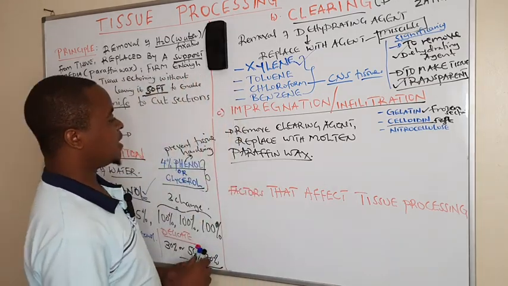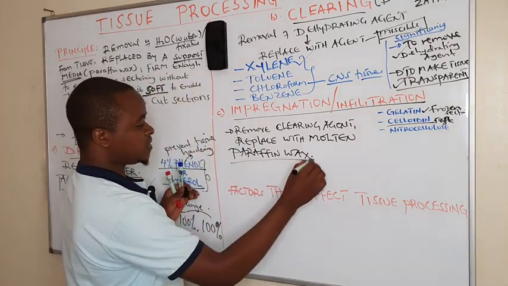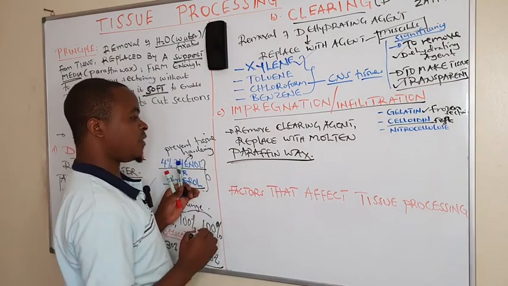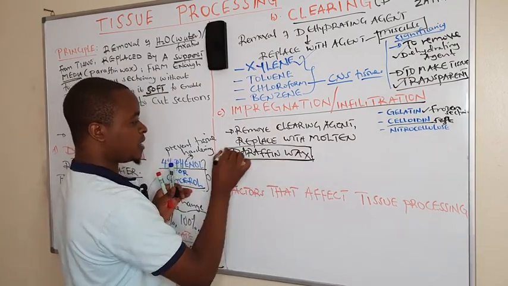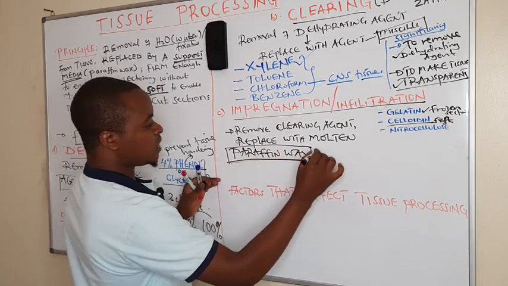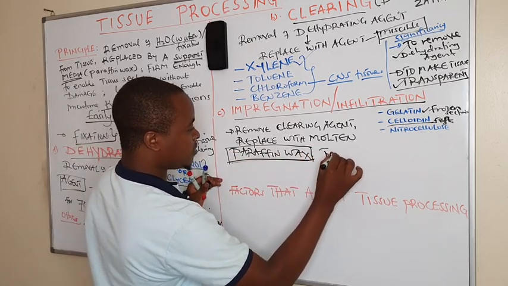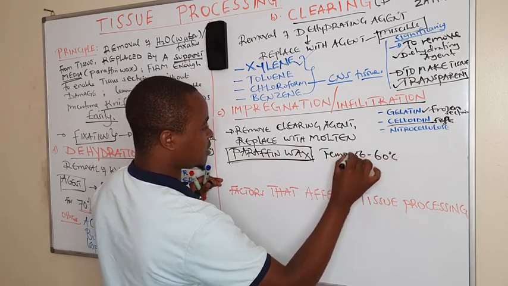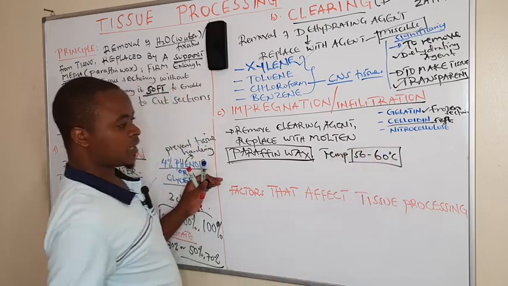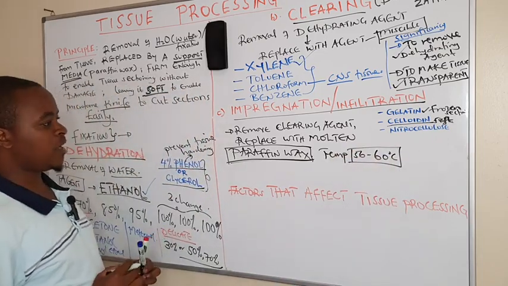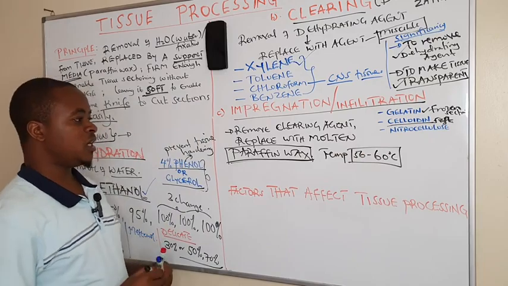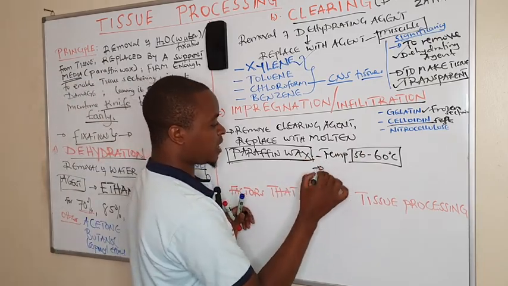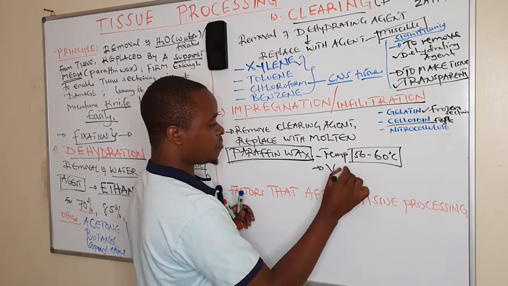And these impregnating agents such as paraffin wax are always in a molten state, and this is done at a temperature between 56 to 60 degrees centigrade. That is the temperature where we apply this impregnation. And sometimes for quicker results, we apply vacuum.